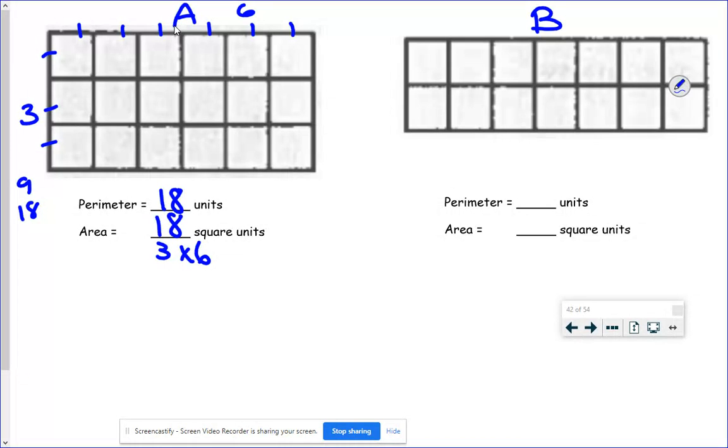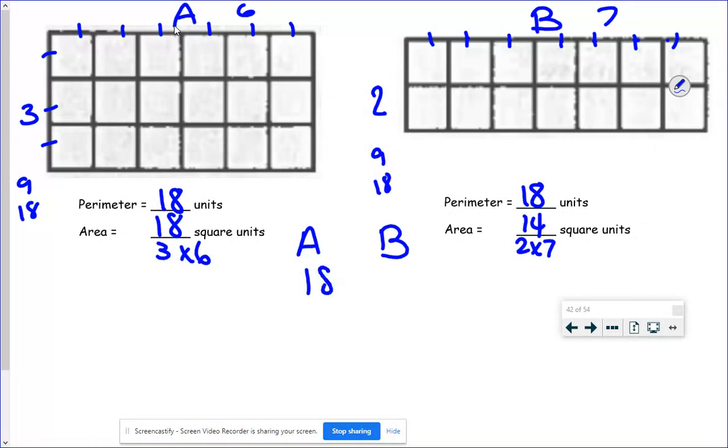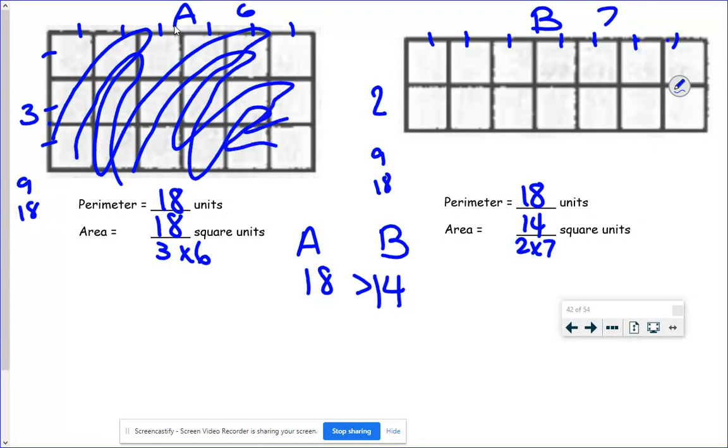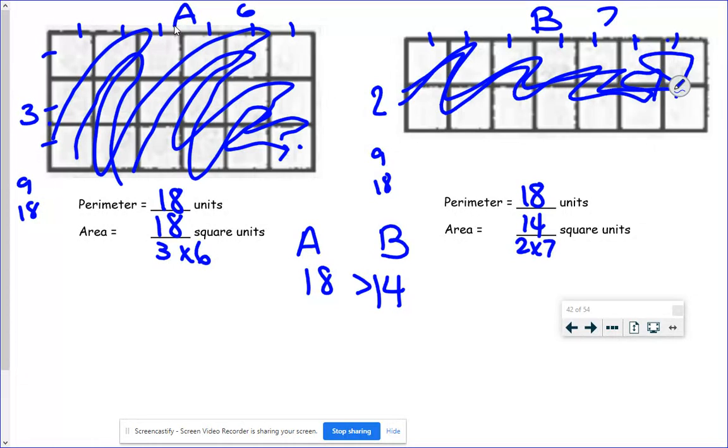Again, we have the same perimeter and area for that shape. 2 rows of 7. Okay, so 2 plus 7 is 9, and double that, that's 18. Yes, we have the same perimeter. Then area, amount of space inside is 14. Okay, compared to B, 18 is greater than 14. Amount of space inside rectangle A, that's more than this, but the same distance around.